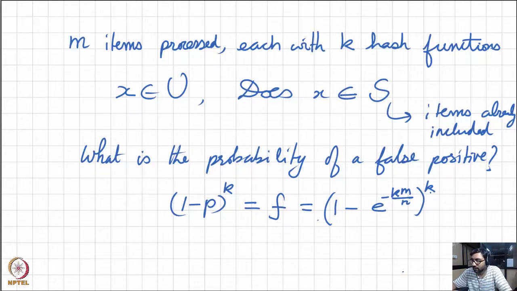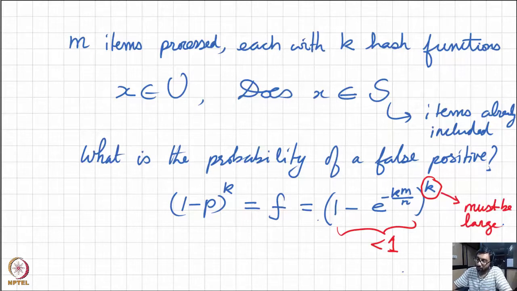Now you notice that k is appearing in this expression twice. Now let's focus on this appearance. As the value of k increases here, since this quantity is less than 1, the overall value is going to decrease as k increases. So this k must be large.